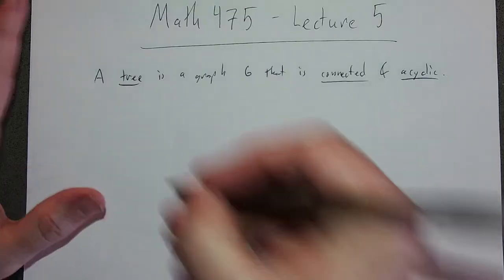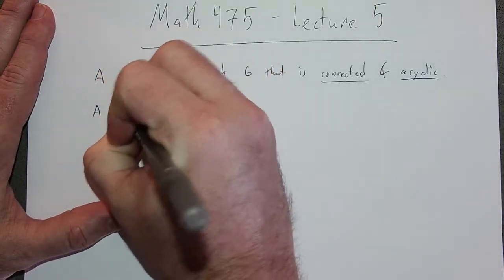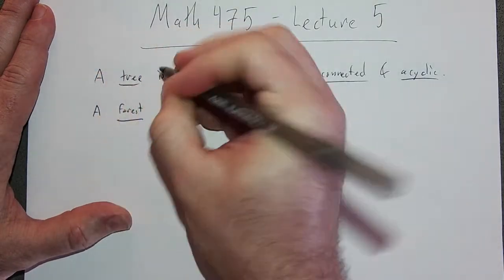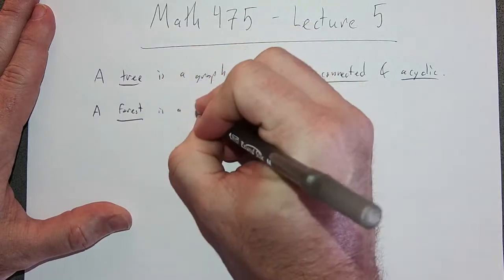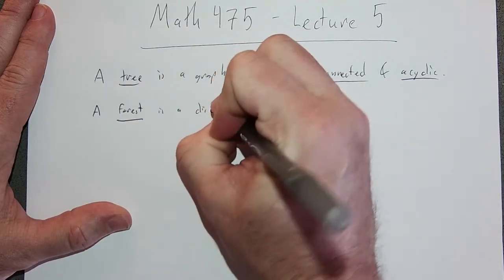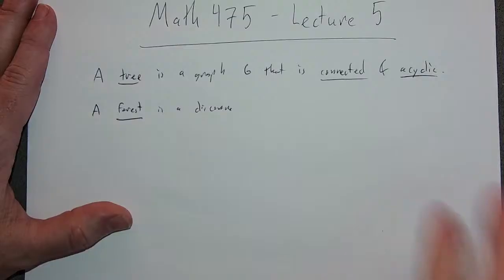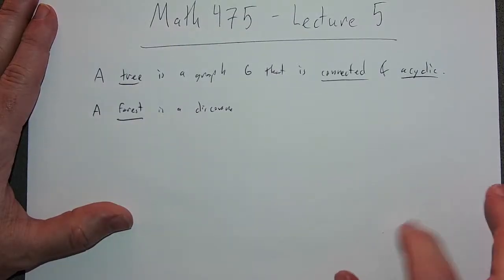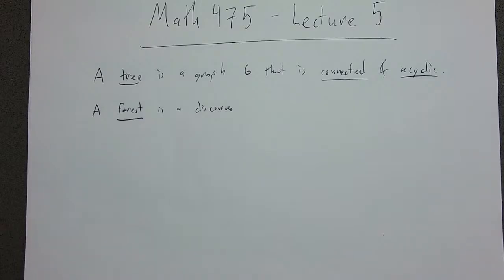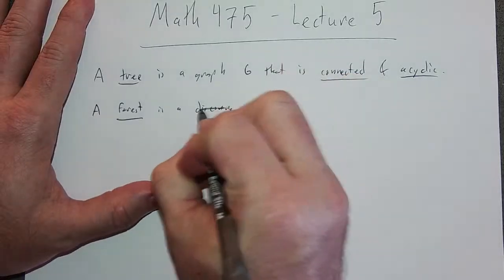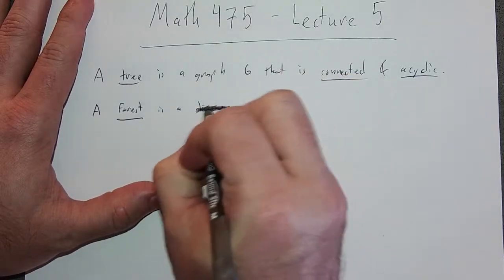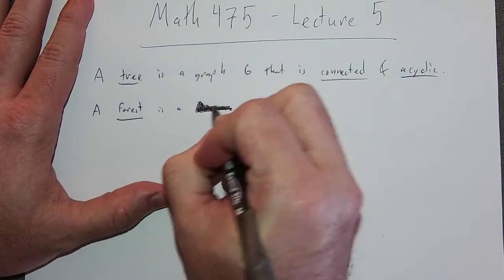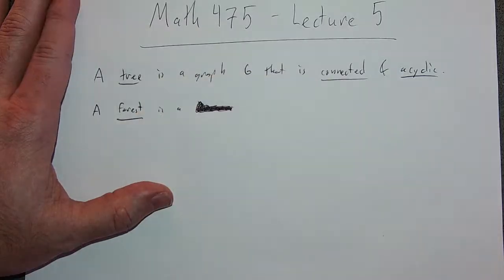But as I say, a forest is a disconnected graph. Technically, do I want to say that a forest is... Maybe I should say I don't want it to be necessarily disconnected, because then I would have to have at least two components. We could say that a tree is a forest with one component.